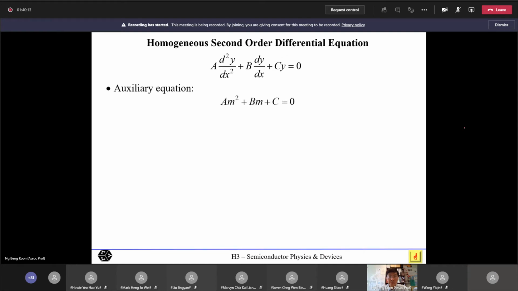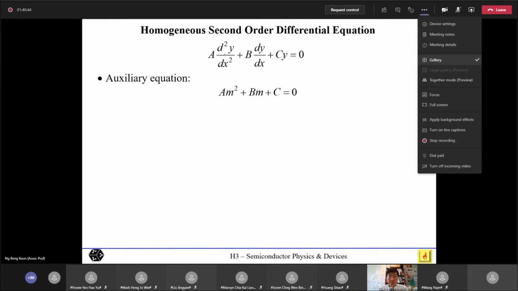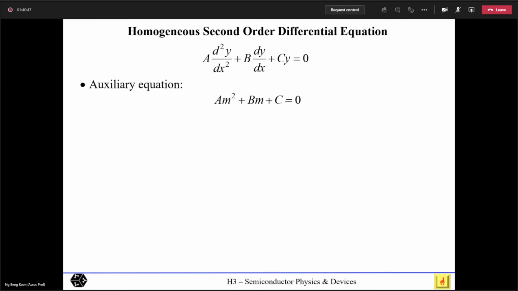First we write this equation as an auxiliary equation, replacing the derivative by a variable called m. If you see two derivatives, it corresponds to m squared. If it's just one derivative, we have just one m. If there's no derivative, we just put it as 1. So in the case of function y, we put a value of 1. So we have am squared plus bm plus c equal to 0.